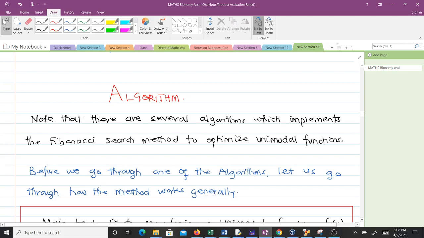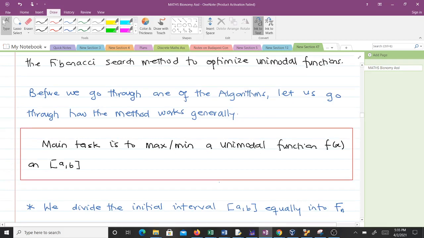But at the end of the day, they are all based on the same concept. Because of that, let us go through how the method works generally, so that irrespective of the algorithm you use, you will know what you are doing.